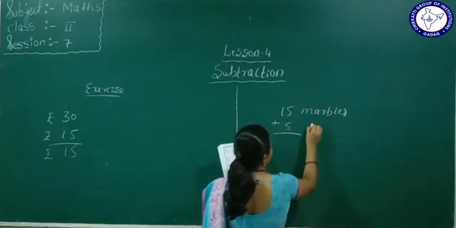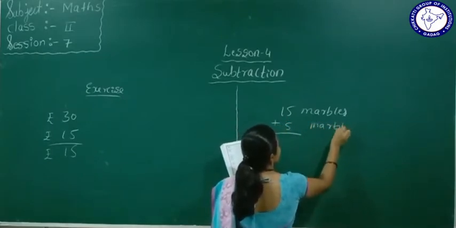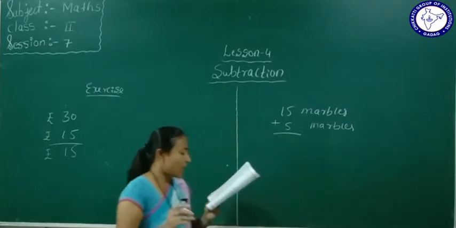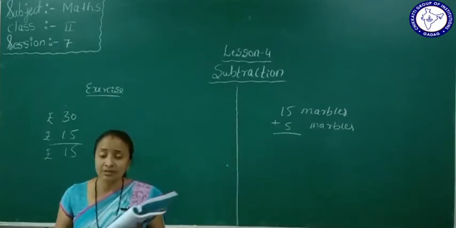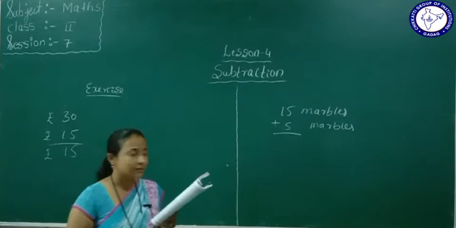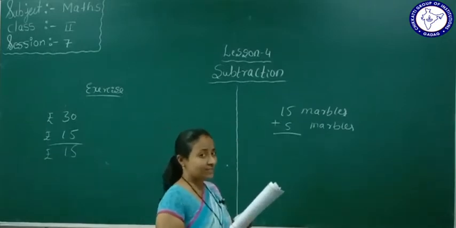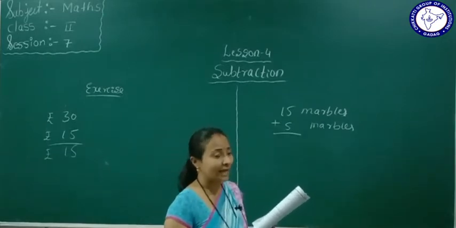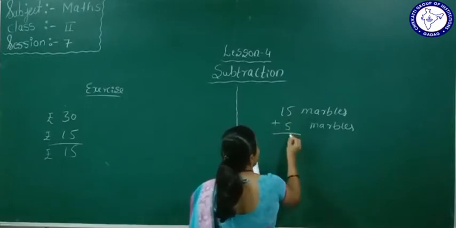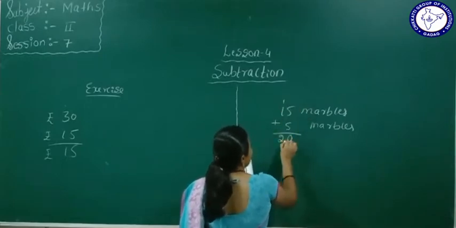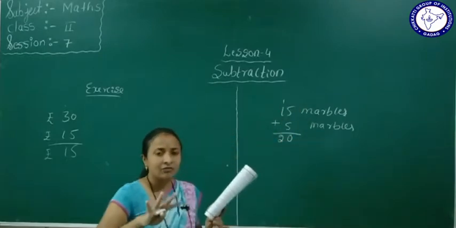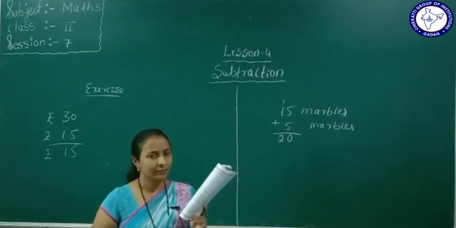What will we do here? What is the total number of marbles with Amit? Total number of marbles means we do the addition. 5 plus 5 is 10. So we add 15 to 5, and it becomes 20.